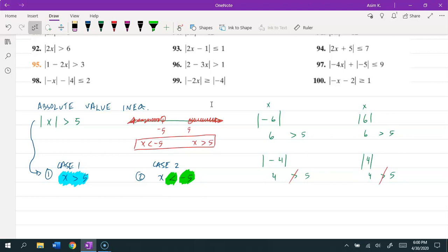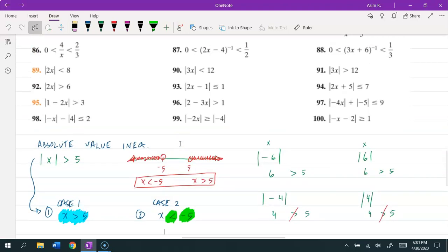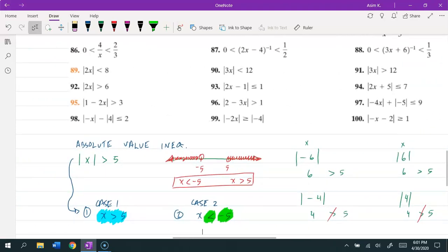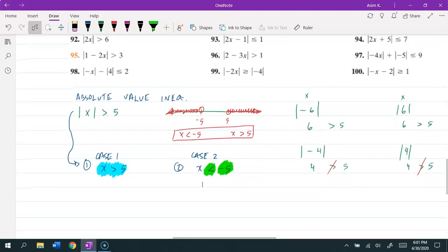That's essentially the answer in the question above anyway. I'm going to try a number of these to help drive that point home, inshallah. So let's start with number 92.